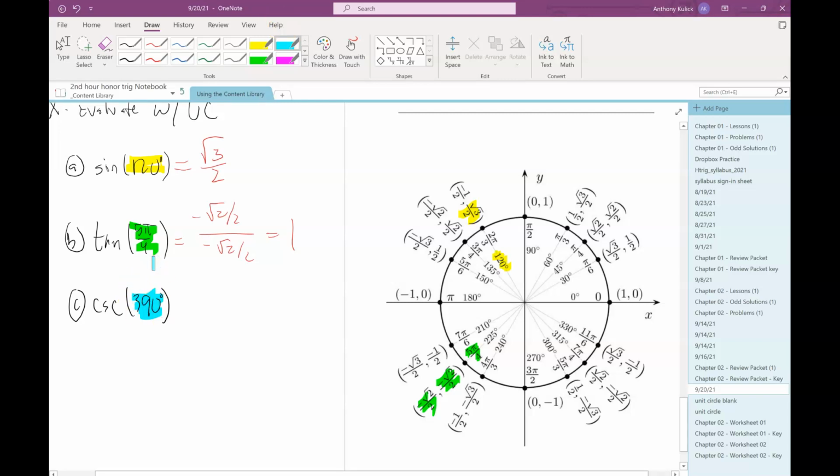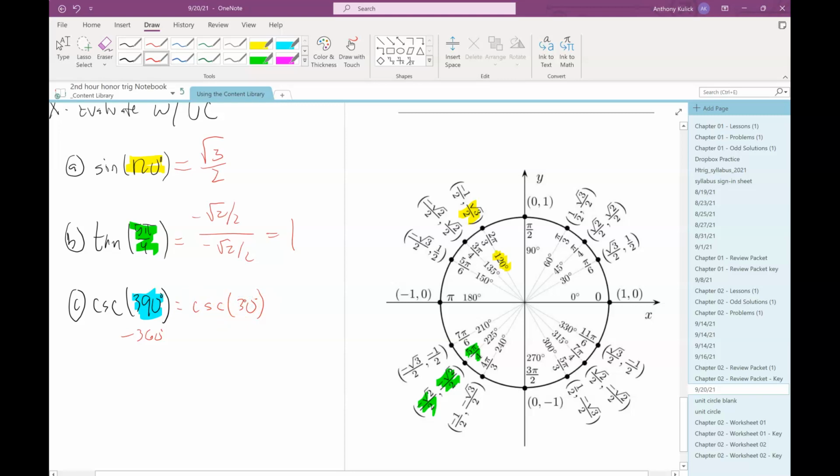And then the last one we're asked to do is cosecant of 390. Well, I notice right away that my unit circle doesn't go up to 390, it stops at 360. So what do I do? I'm just going to find an angle coterminal to that by subtracting 360.